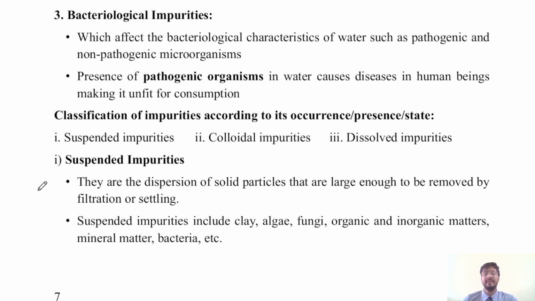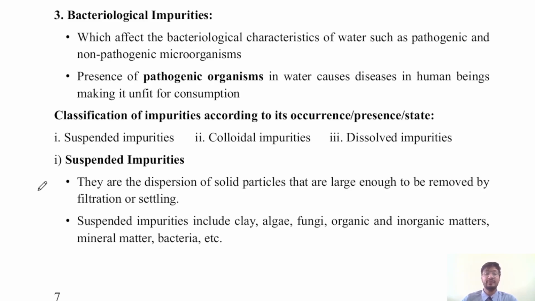One thing to keep in mind, bacteriological impurities in water cause diseases in human beings, making it unfit for consumption. Bacteriological impurities affect the bacteriological characteristic of water, such as pathogenic and non-pathogenic microorganisms.